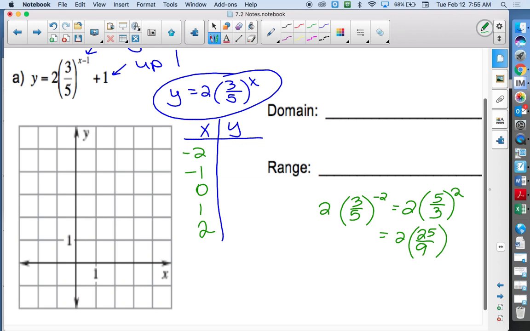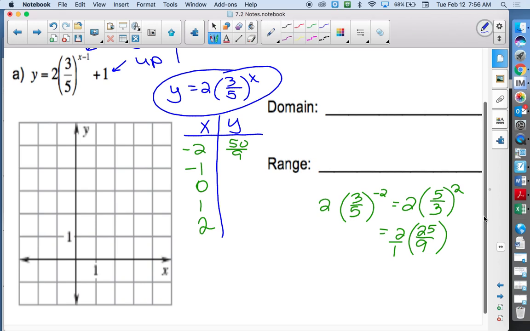And when you double that, Julia, what do you get? 50 ninths. Very good. So square the top, square the bottom. Not using a calculator here, just squaring pieces of the fraction. The 2 means you're doubling that number. So 2 times 25 is 50. The bottom just stays as 9 because it's 2 over 1. So that's 50/9.